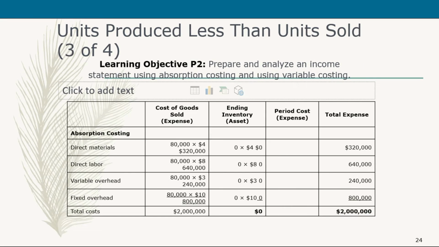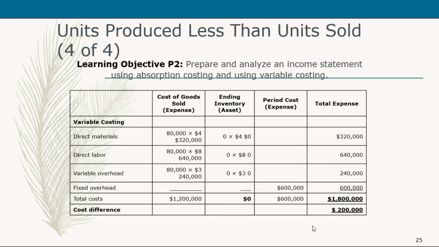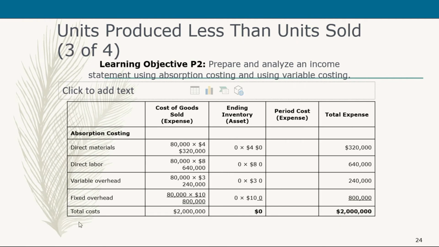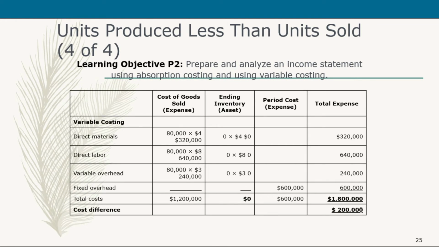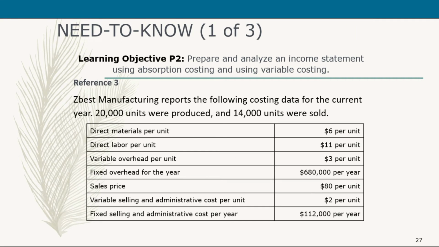So there is a difference of again 200,000. But the difference now is that your absorption costing now has a lower net income due to high total cost, whereas with your variable costing, you have a lower cost, giving you a higher income of $200,000. So in this case, guys, the units produced is more than the units sold.